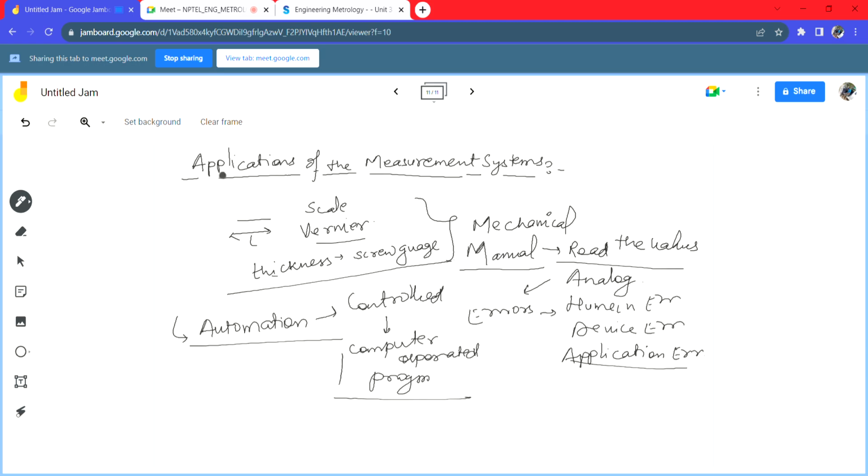So now when we study metrology, it becomes important for us to understand what is this process control system, or process control method or procedure. So the first application wherein the measurement systems are very predominant is this process control system.